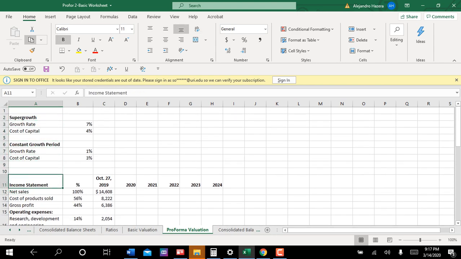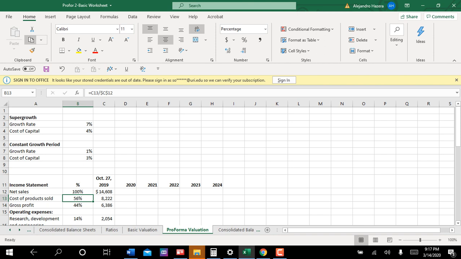Okay, so there's your income statement. We're going to project out for 5 years. We'll start it in a couple of minutes. This percentage column is incredibly important, and it represents the portion of sales for each of these line items.